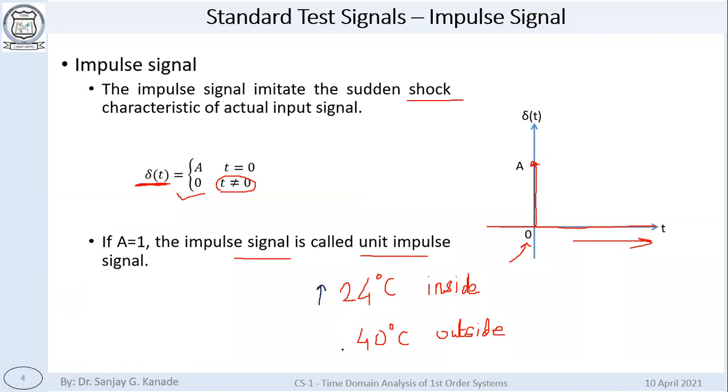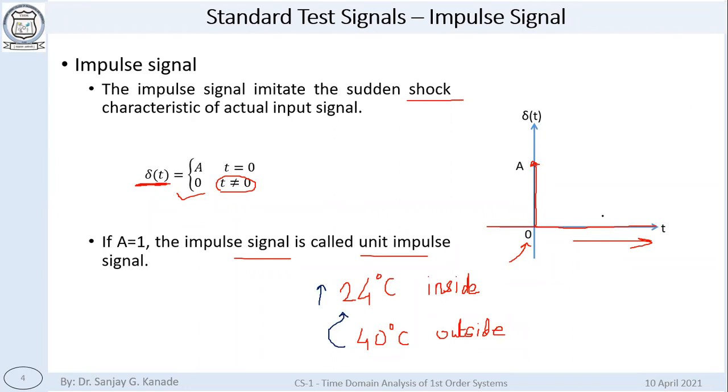See, if something, let's say a window or a door opens, so hot air outside will come in and the temperature inside will rise. So this is going to disturb our controlled environment. This is obviously not a desirable thing, and this is called a disturbance happening inside the system.